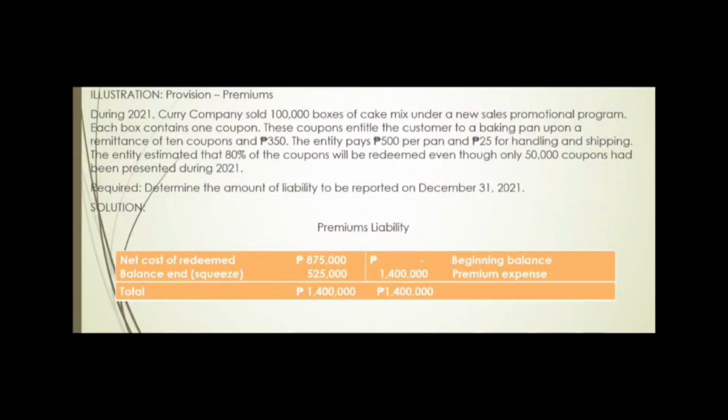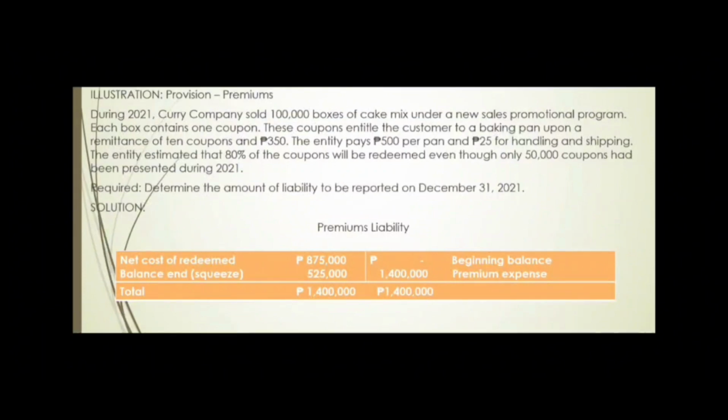For the solution, since we have 100,000 boxes and each box contains one coupon, then 100,000 boxes times one coupon over one box. And then the cost per pan plus handling and shipping minus customer remittance. So that is 500 plus 25 minus 350, which equals 175 pesos.